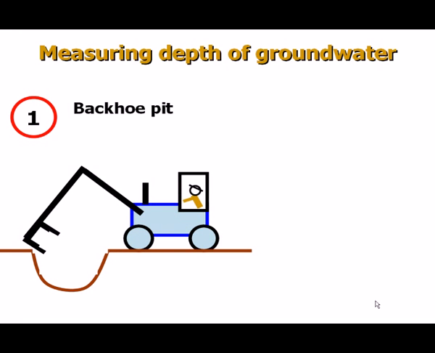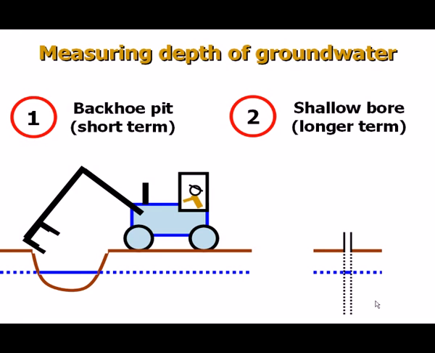I think the easiest way to measure the depth of groundwater is simply to dig a backhoe pit, and if you've got a shallow water table, the water will rise in that pit to the depth that it is in the rest of the soil. But of course these pits eventually collapse. It's not a long-term solution, but it's a really good way of getting a feel for what's happening in the environment fairly rapidly. So it's a short-term solution.